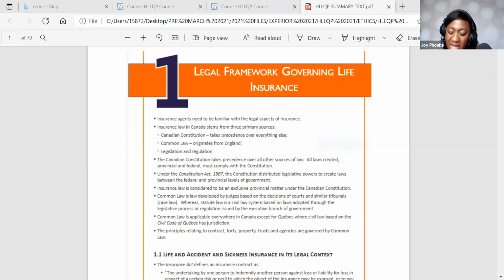These requirements are application for life insurance and representation of risk, temporary or conditional insurance coverage, changes of insurability, acceptance of application by the insurer, payment of initial premium, and delivery of a policy. All these are the things that happen leading to the delivery of the policy. Now, the application, we've talked about that one.